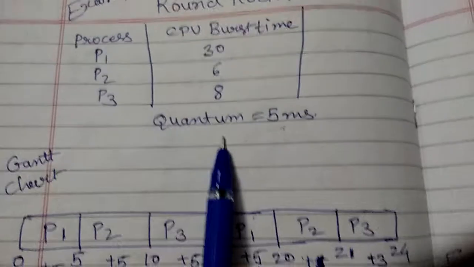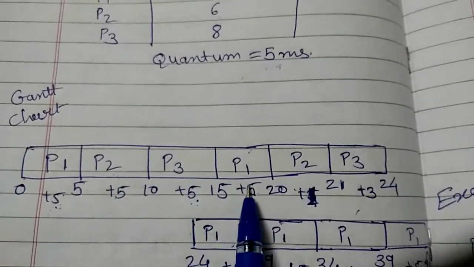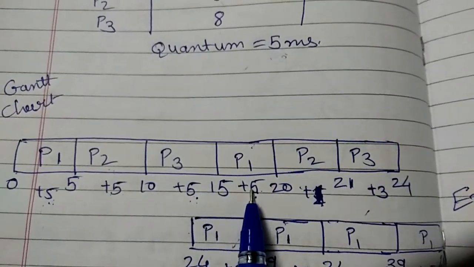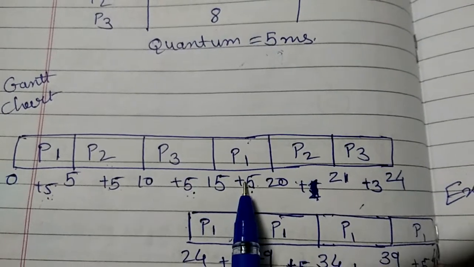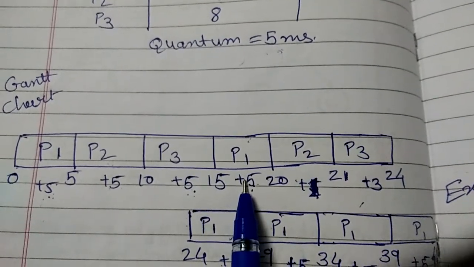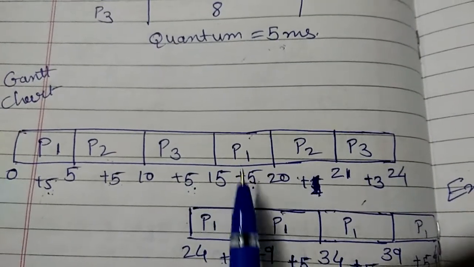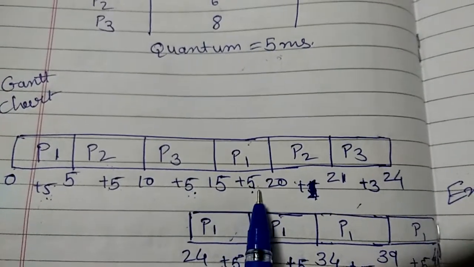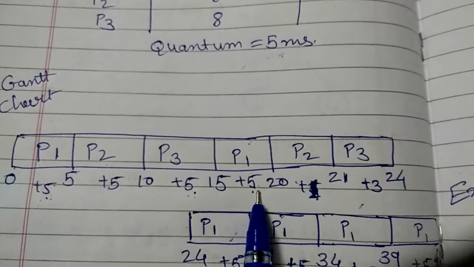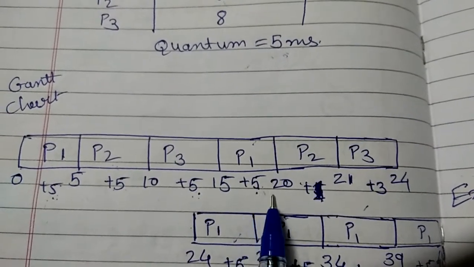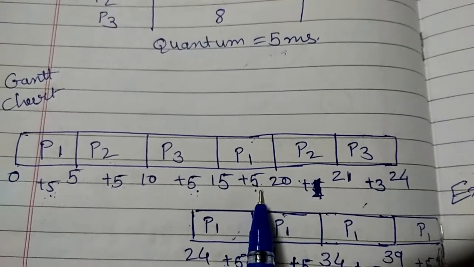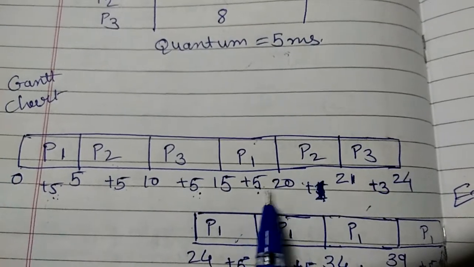what happens? P1 will restart itself because 25 more milliseconds are required by P1. So P1 will restart first. P1 has taken 5 more seconds to complete its execution, but still P1 failed to complete it.